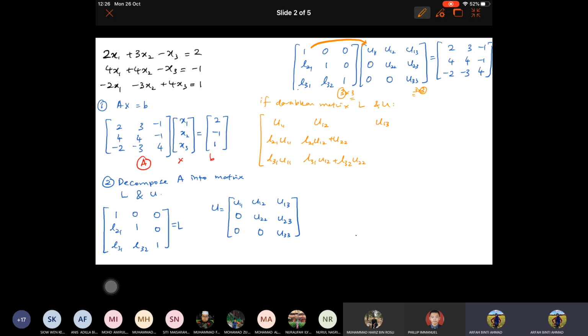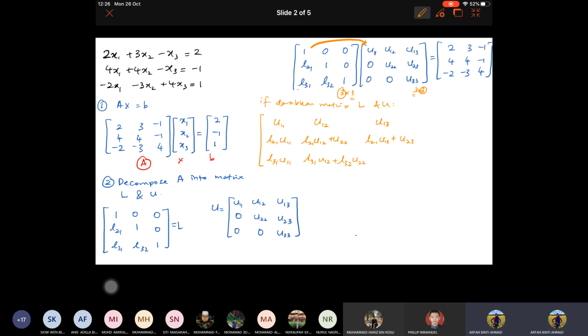Okay. So L21 darab U13 tambah 1 darab U23. So L21 ditambah dengan L21 darab U13 tambah dengan U23. Okay. Ditambah dengan U23.